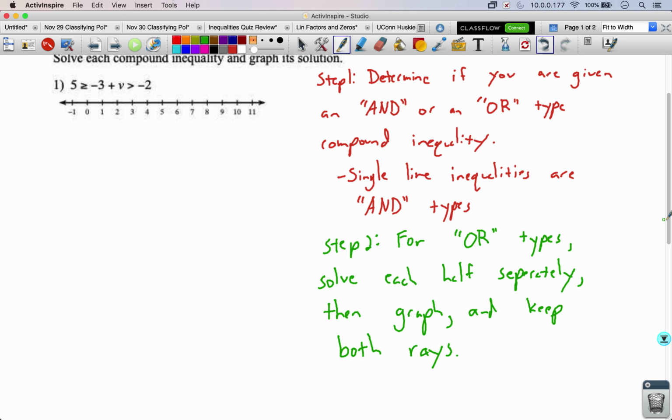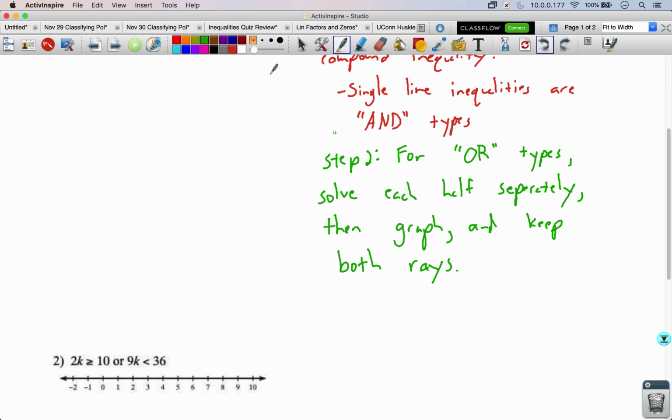All right, a ray is a line that goes forever in one direction.